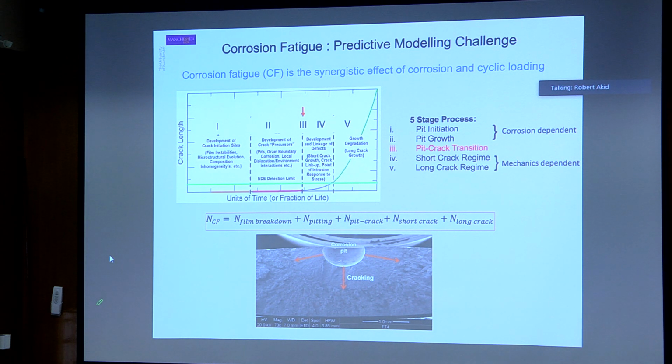What we can do with the model is change the shape, and it's not really until you get to a very, very deep, narrow pit that you start to see that localization move from the surface to the bottom of the pit. But I take your point about changing pit profiles. Yes, that will have an effect. I hope that's helped.